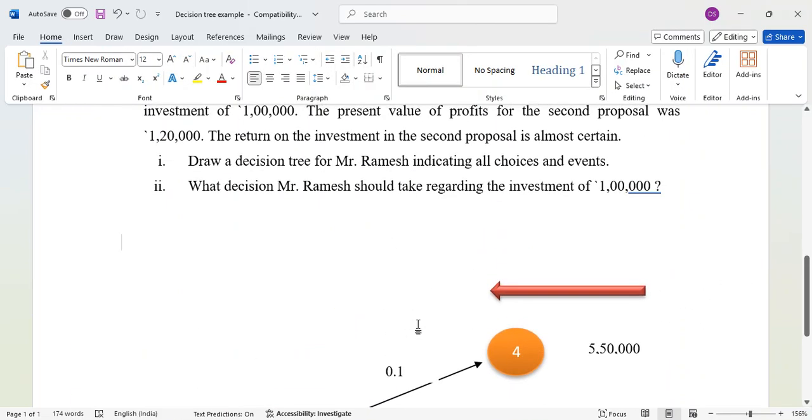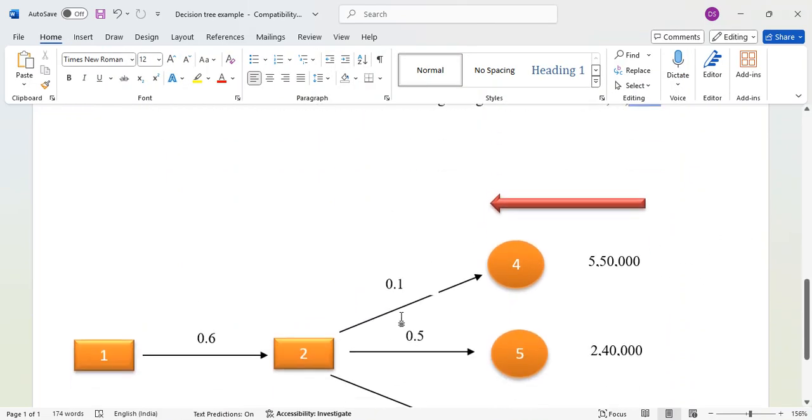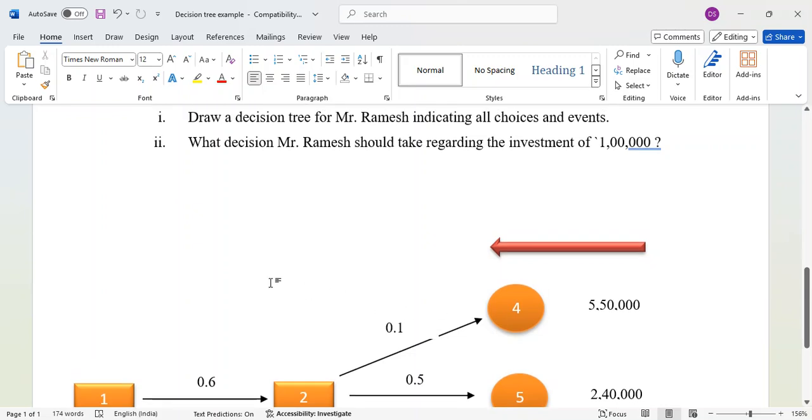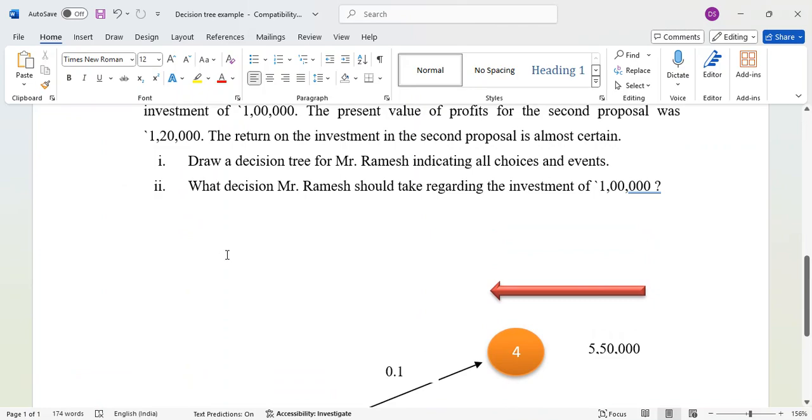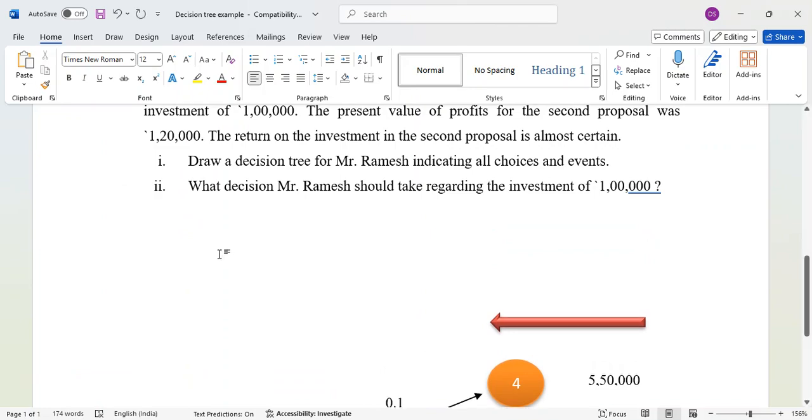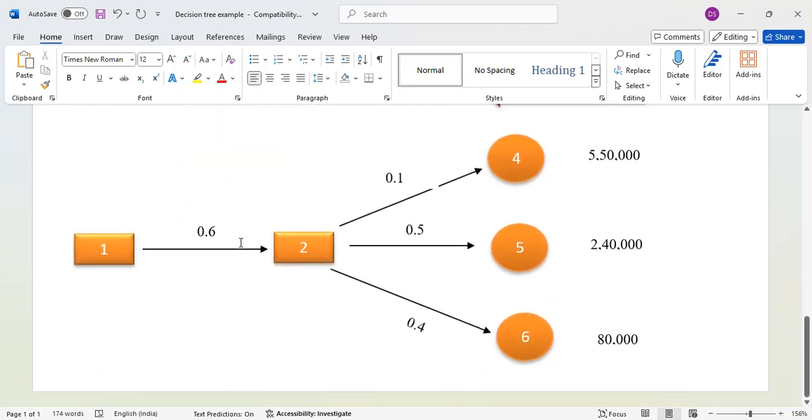So the question is, how can you calculate that? Ultimately you are going to find the expected profit or expected loss.